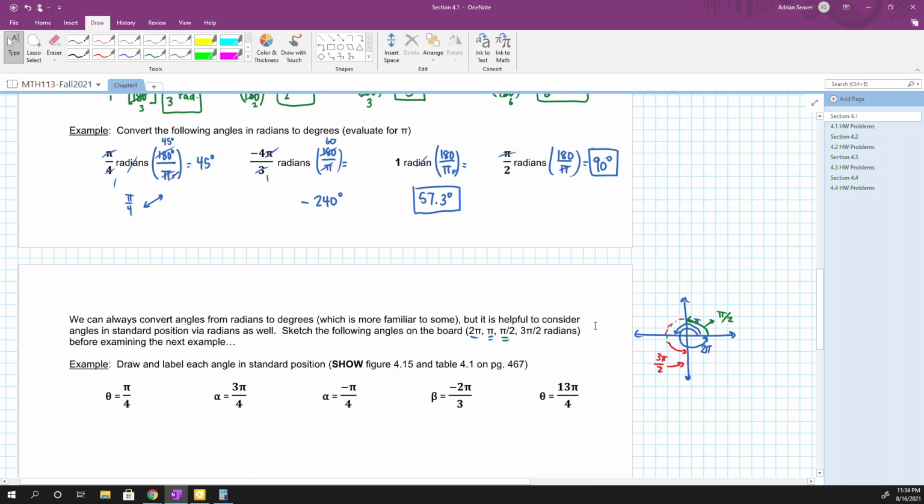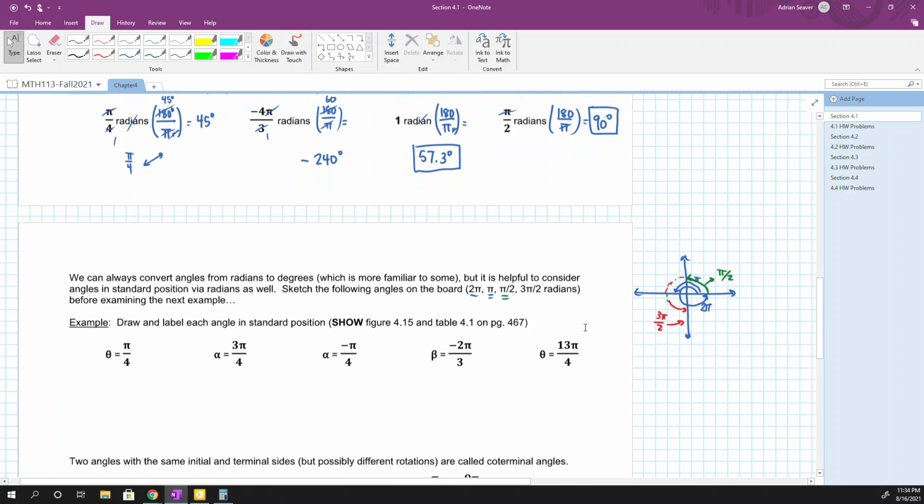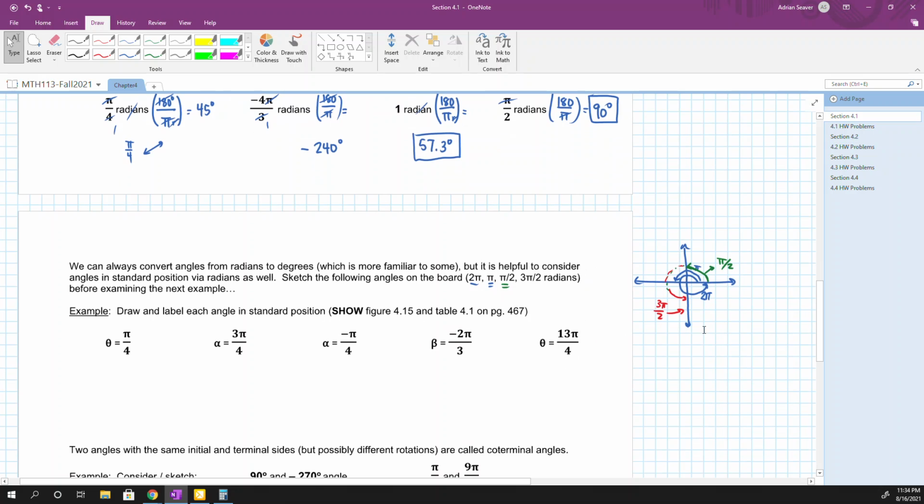Okay, given that, we can draw and label each angle in standard position. The first one I've got here is theta equals pi over 4. I think that one's pretty self-explanatory. Let me try to sketch this a little neater down here. A pi over 4 radian measure. From our initial side, this is your 0 degrees or 0 radians, same difference. If I go up here, it's pi over 2.